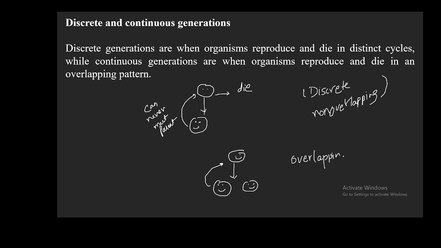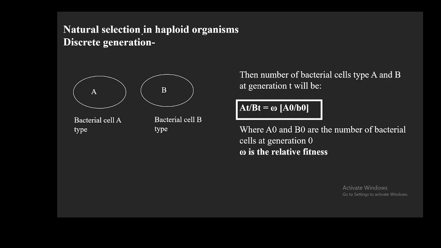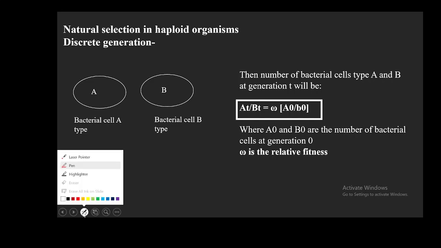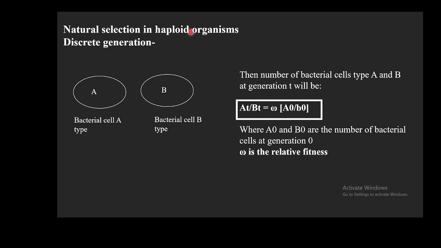Now, how is nature selecting the best fit individual on the basis of its genotype? However, the process of natural selection differs in haploid and diploid organisms. In a haploid organism, there is only one set of chromosomes. In a diploid organism, there are two sets of chromosomes: one set you get from your mother, and the other set you get from your father.